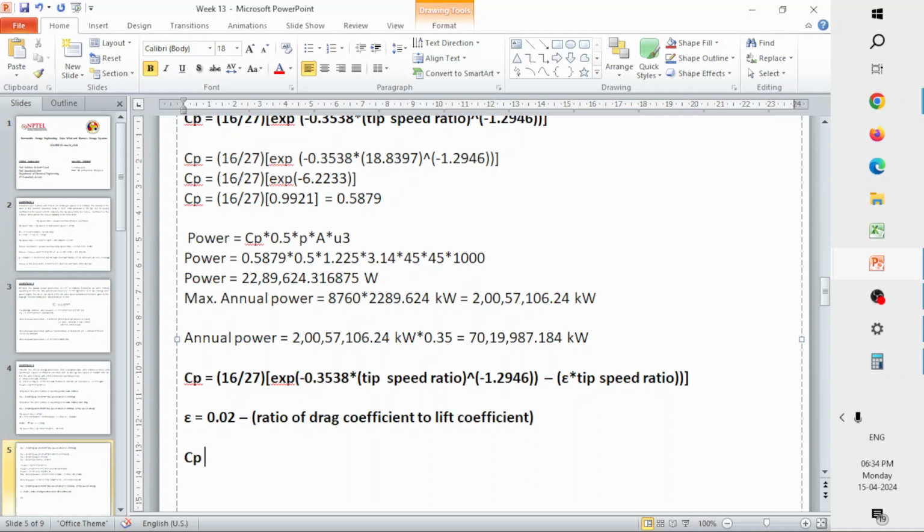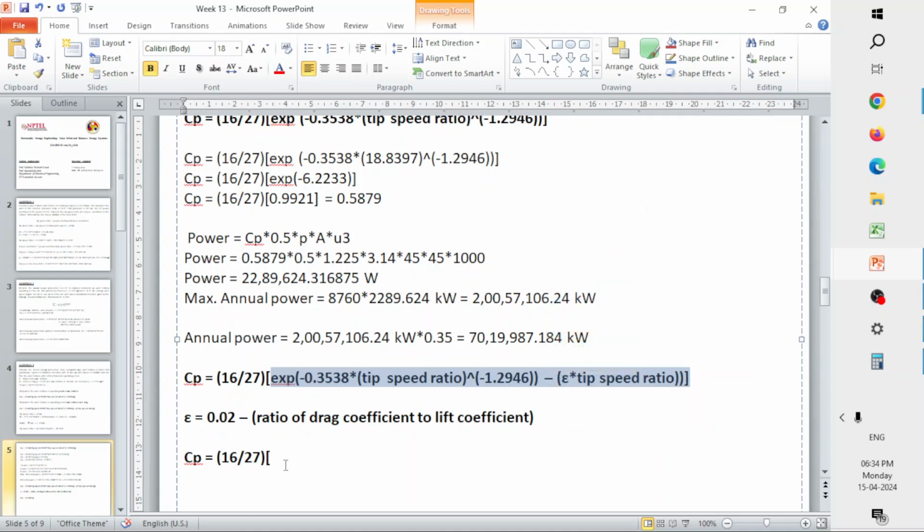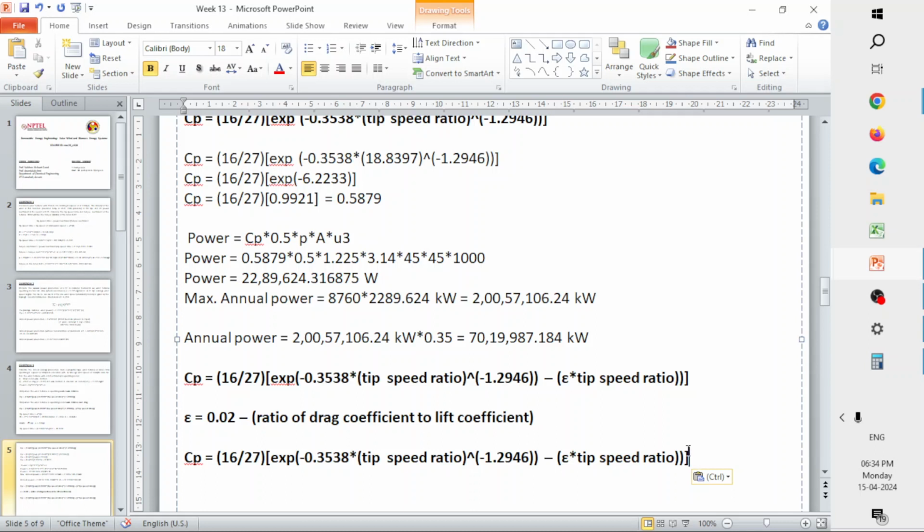From here you can calculate Cp, and it's just about substitution into this entire formula. In place of tip speed ratio you substitute 18.8397, and in place of epsilon you substitute 0.02.